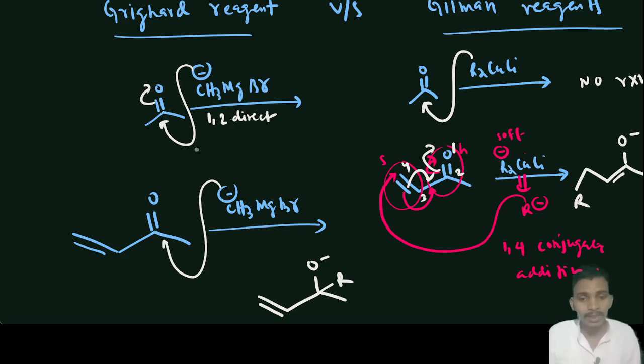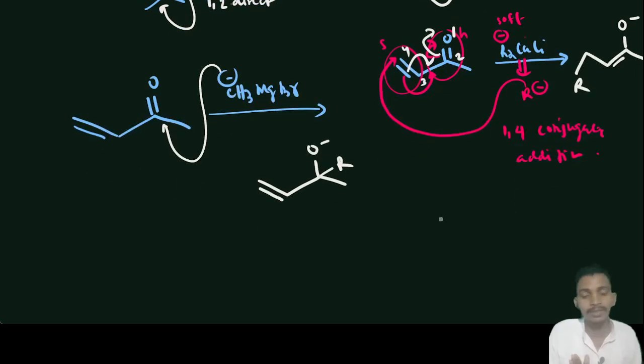The Grignard reagent, as I discussed in the previous class, does 1,2 direct addition, whereas the Gilman reagent does 1,4 conjugate addition. If it is simply a carbonyl group, the Gilman reagent does no reaction. Now the question arises: does the Gilman reagent react whenever a double bond comes?